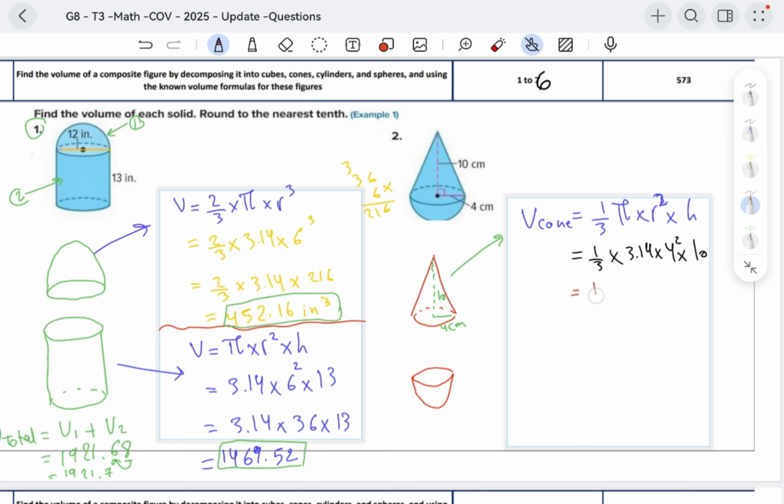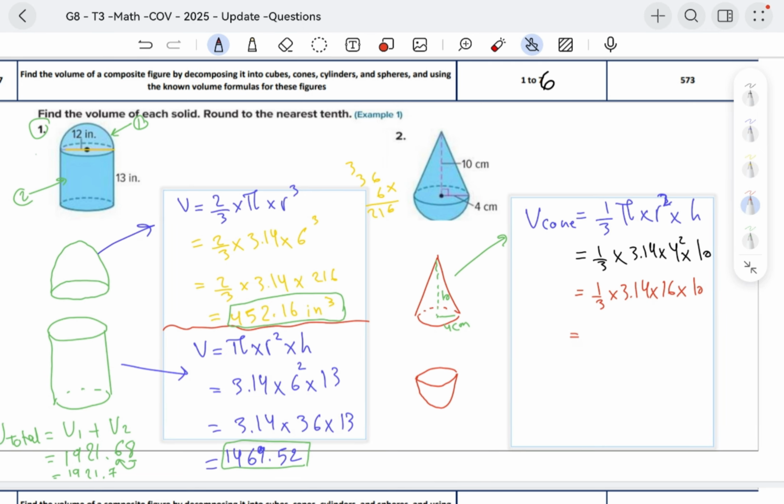We're gonna simplify: 1/3 times 3.14 times 4 times 4 is 16. 16 times 10 is 160. Now we're gonna multiply by 3.14 and divide the answer by 3. The answer will be 167.46. This is the volume of the cone, and the unit is centimeter cubed.